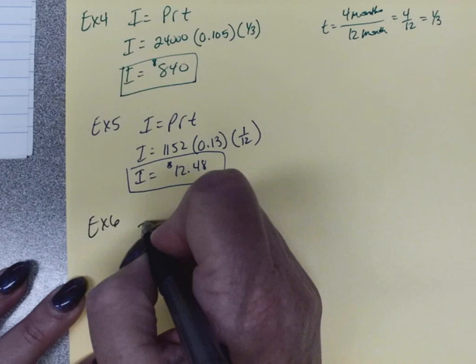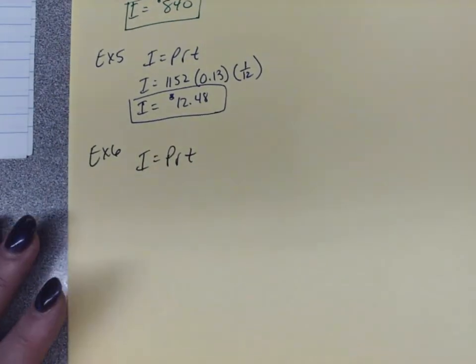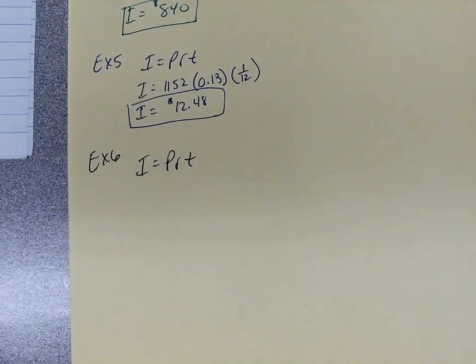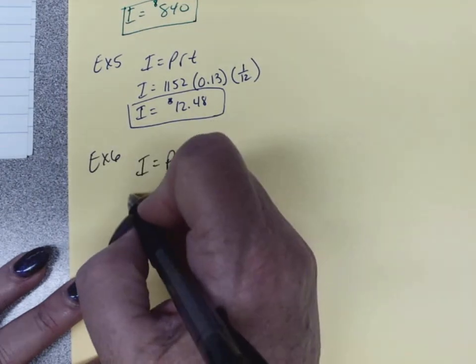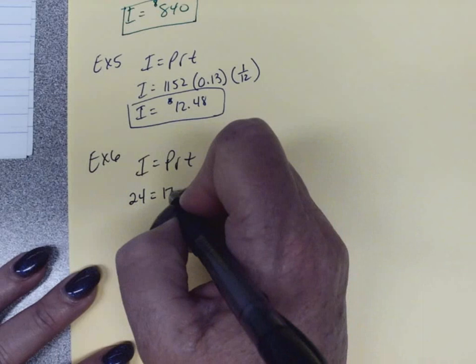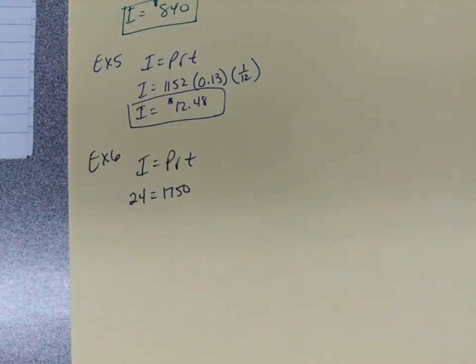We are again looking at I equals PRT. The interest that they charged, or we paid, was $24. That's how much we paid for the use of the money. So 24 will be the interest.